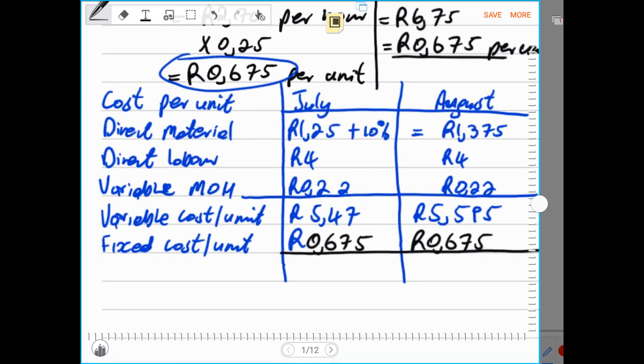So with that, we can calculate our absorption cost per unit.